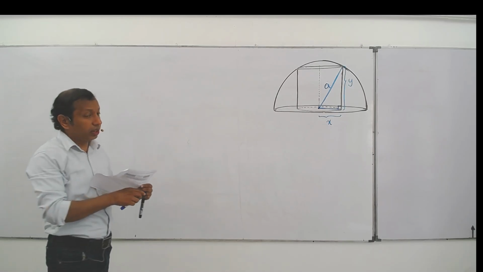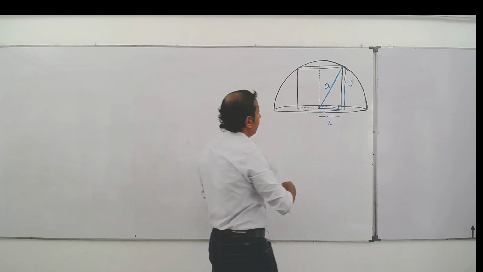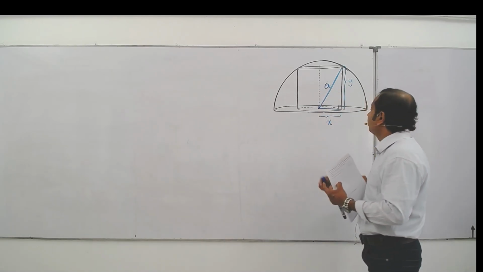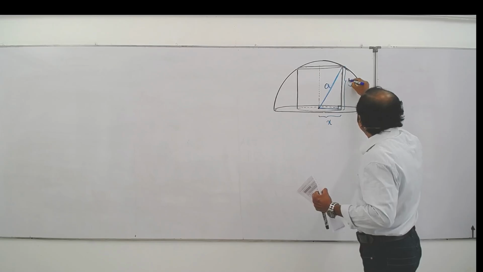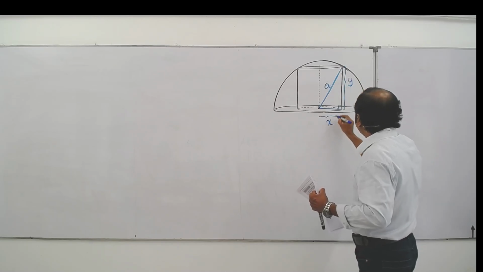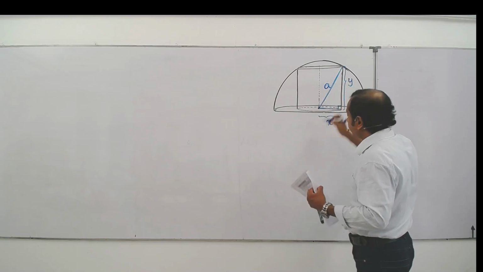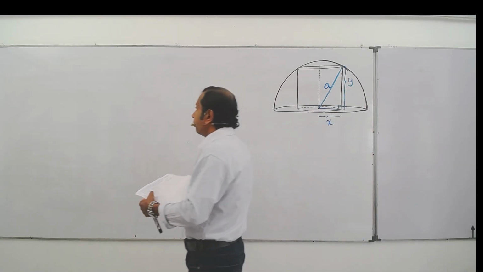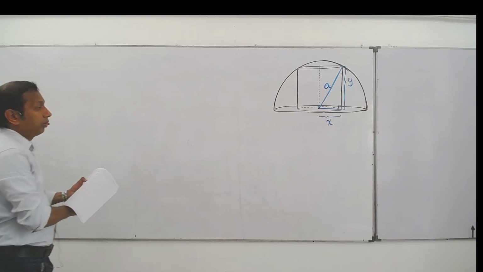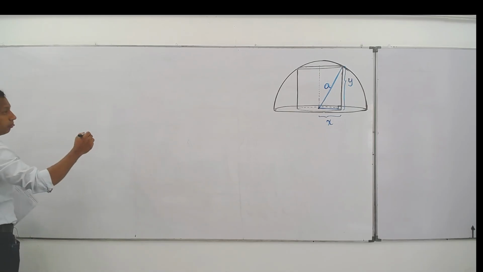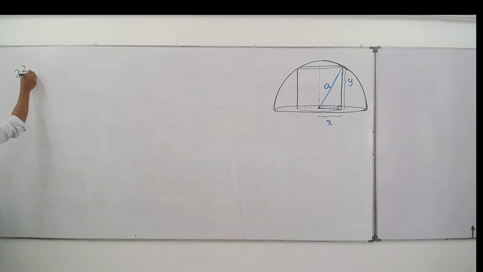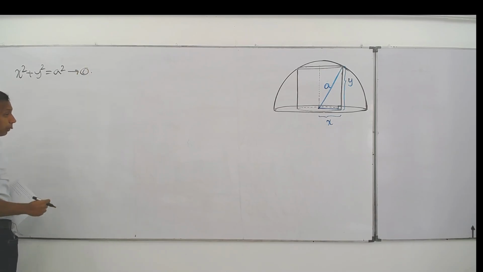The relation can easily be obtained here by applying the Pythagoras theorem: x squared plus y squared is equal to a squared. This is equation number 1.